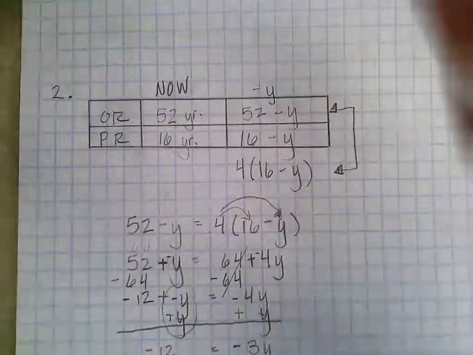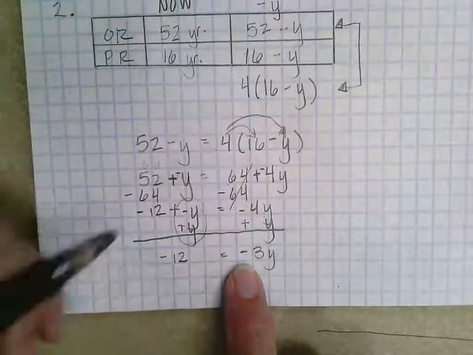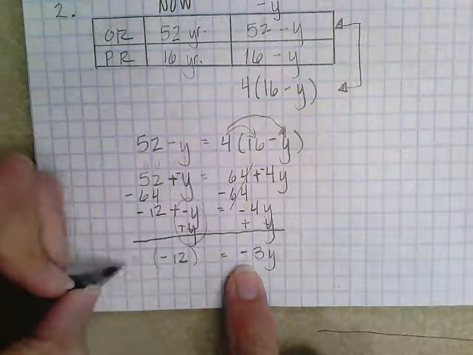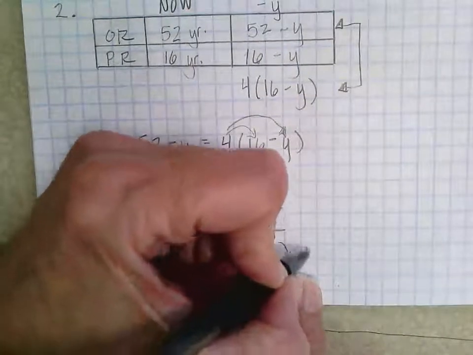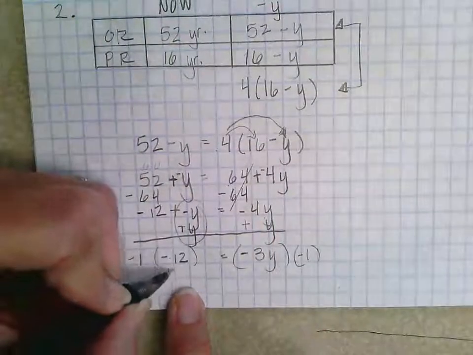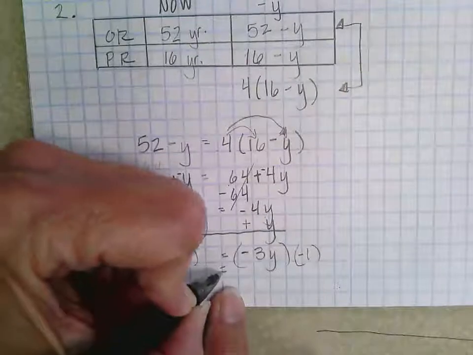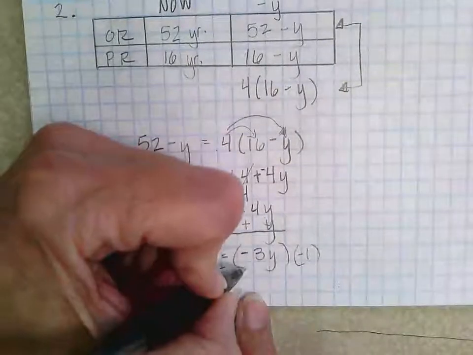Now one of the ways to not have negatives, when you have it on both sides, is to multiply both sides by negative 1, because a negative times a negative is a positive. And again, if I do something on one side and I do it on the other side, the equivalency is maintained.